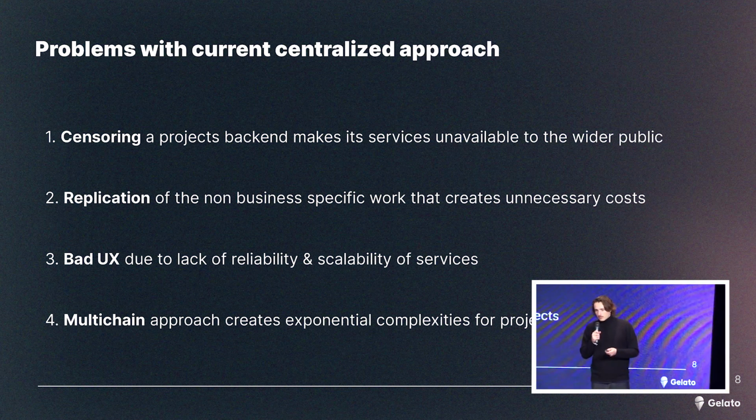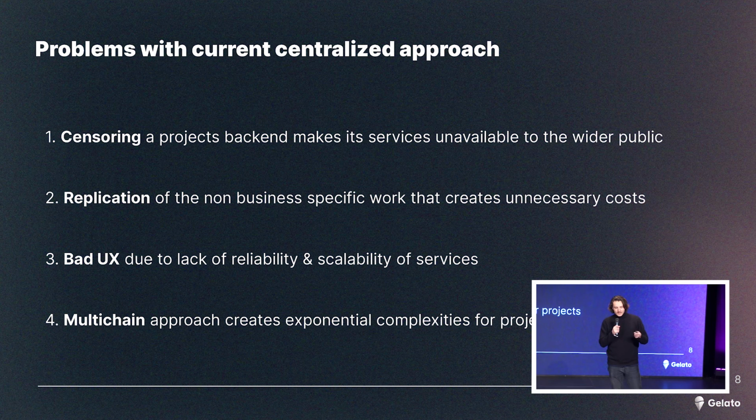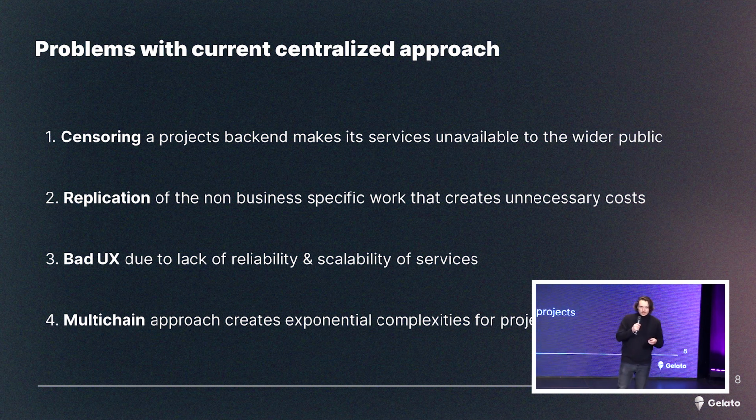And usually, if they don't have the right resources behind these projects, the result is a very bad UX because you lack reliability and scalability in most of these services, especially on fast chains like Polygon, etc. People have huge problems when they have to deal with 200-block-deep reorgs and stuff like that. You usually don't have time to optimize for these little things. And especially if you want to go multi-chain as an application, you not only have to run and maintain these things on Polygon, you have to do it on 10 other chains, for example, and it just becomes exponentially more complex.